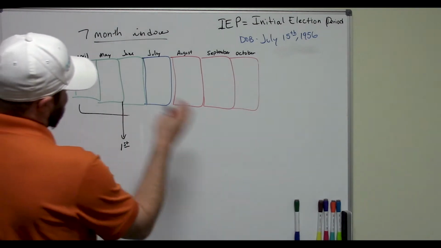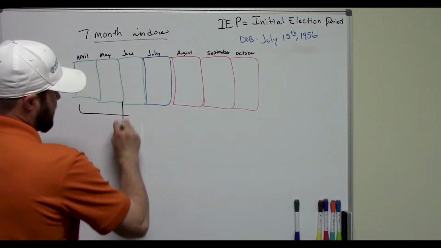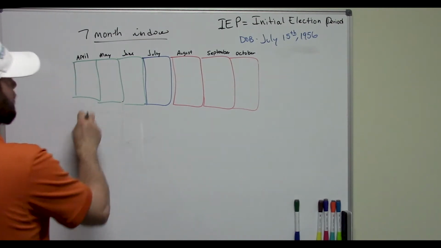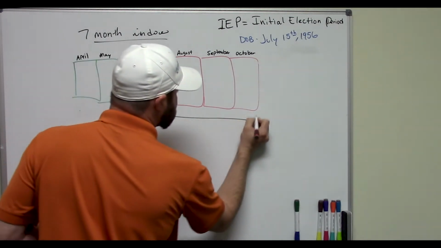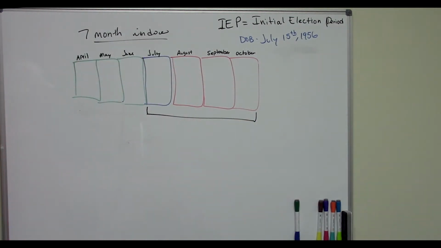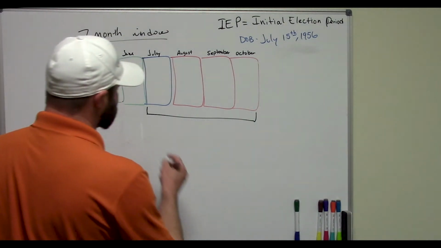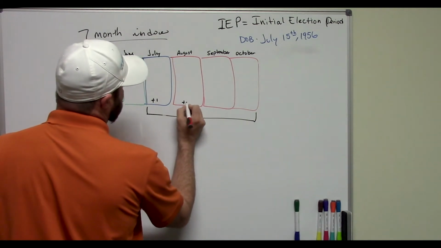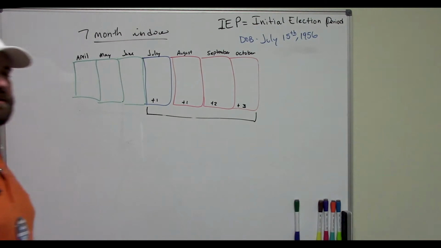And so with this IEP window, if you were to wait, as an example, until the 3 months after you turn 65 or the month of, it's going to push your effective date back. When you enroll determines how far it pushes it back. So it pushes it back 1 month here, 1 month here, 2 months here, and 3 months here.